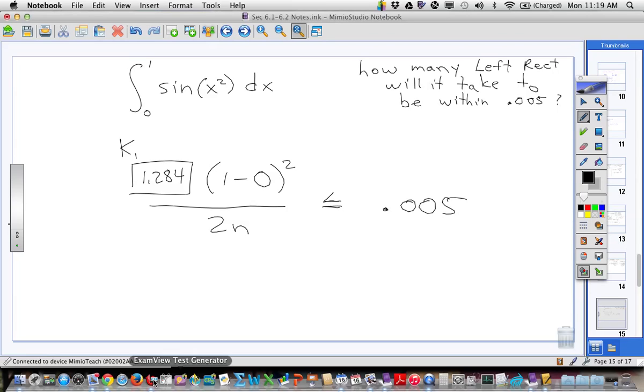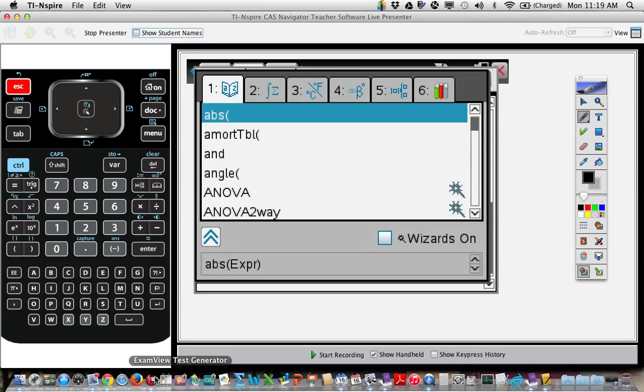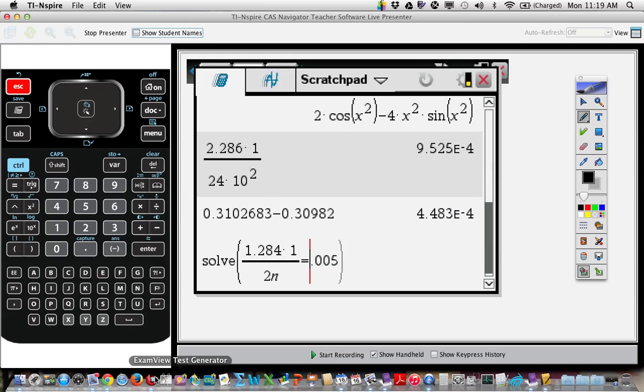The 1 squared is just 1, so you can leave that off. So it's 1.284 divided by 2n. Let's actually put a less than or equal to in there instead of an equal. Okay? Less than or equal to right in there. Let's put a less than or equal to 0.005, and then you have to have a comma n.